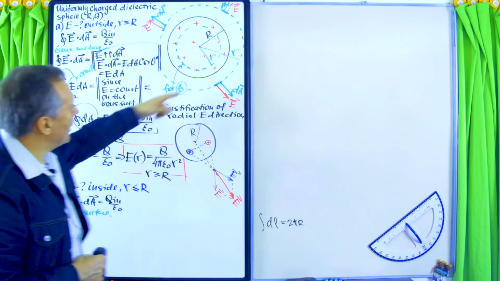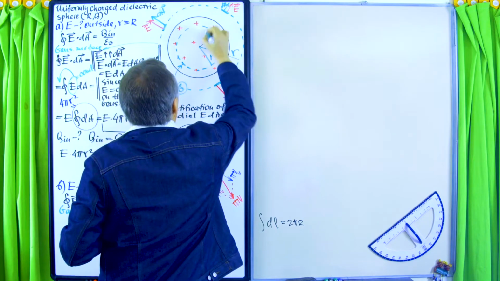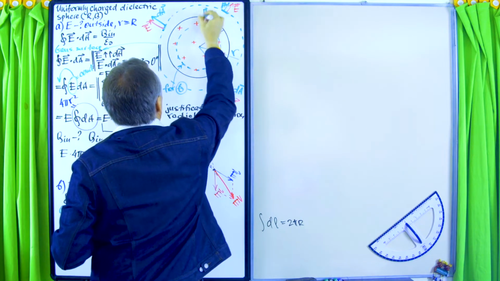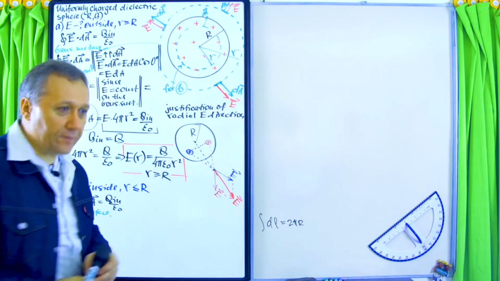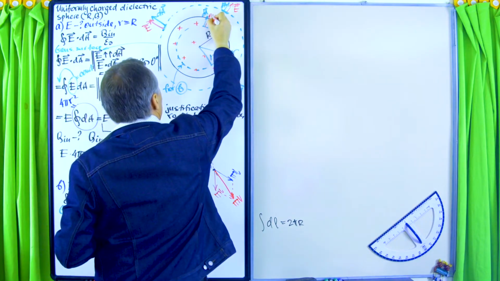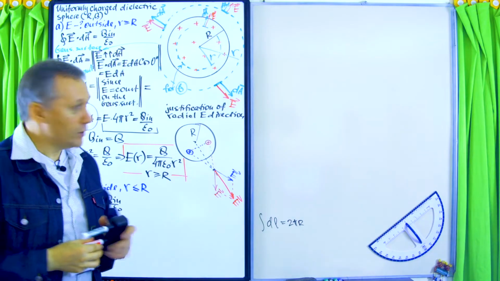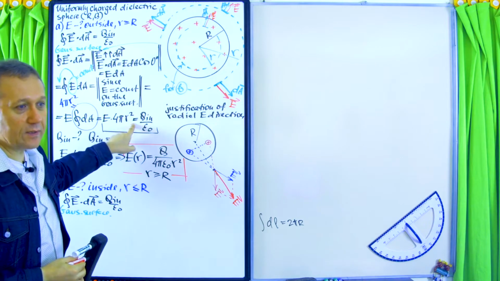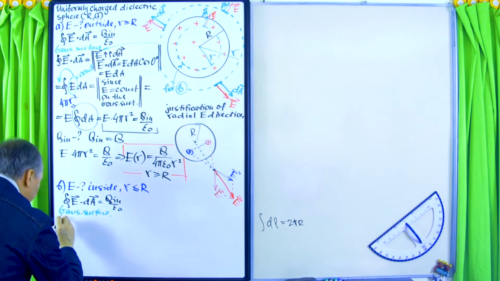And now dA will be over here. Let me draw a few dAs. It will be on this Gaussian surface. The electric field will still be radial. So this will be the electric field and dA for part B.